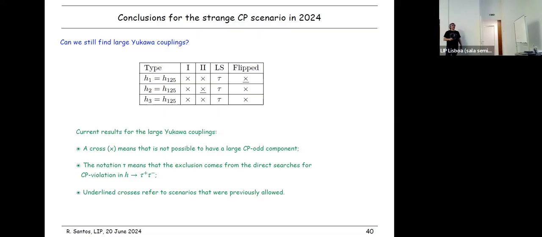Is this possible or not, to have these strange scenarios where you have a very large CP-odd component? A cross means that it is not possible to have this large CP-odd component. This tau means that the exclusion comes from direct searches for CP violation in H2 to tau tau. And the underlined crosses refer to scenarios that were previously allowed but are not allowed now, meaning this one and this one.